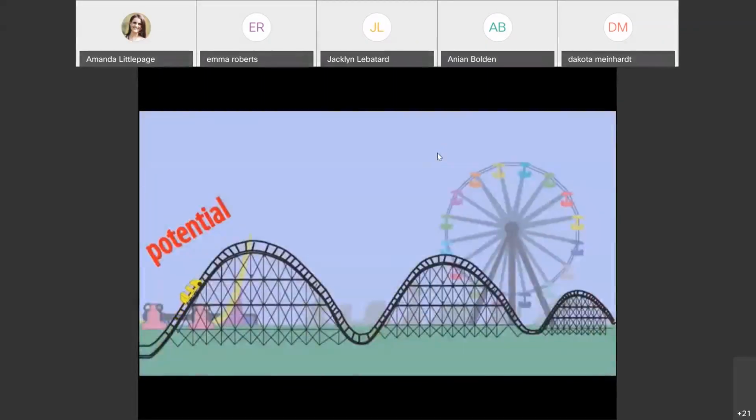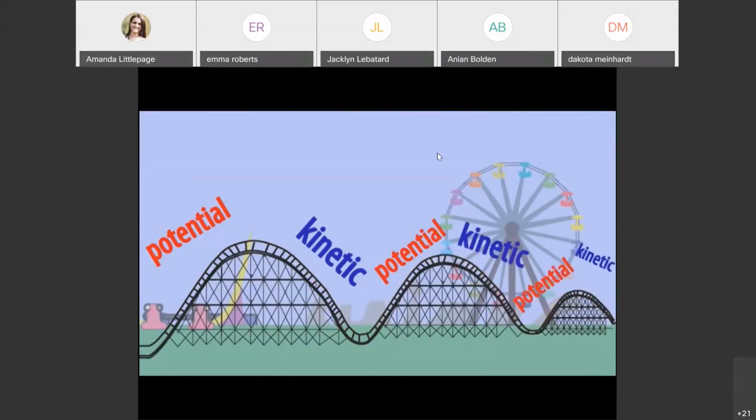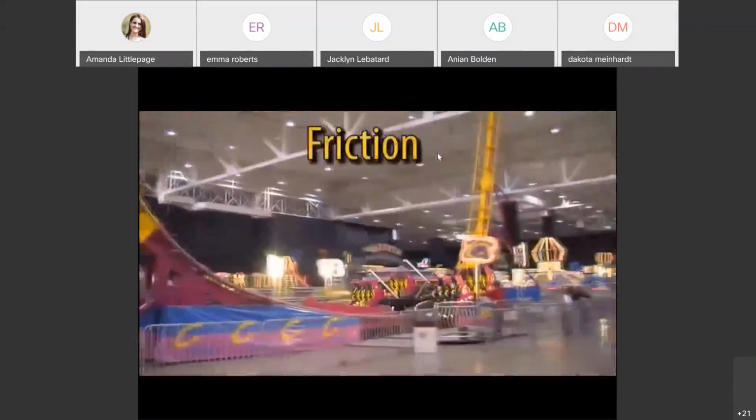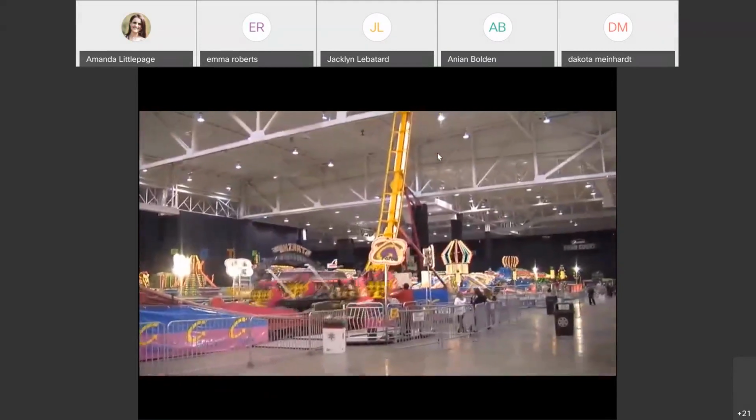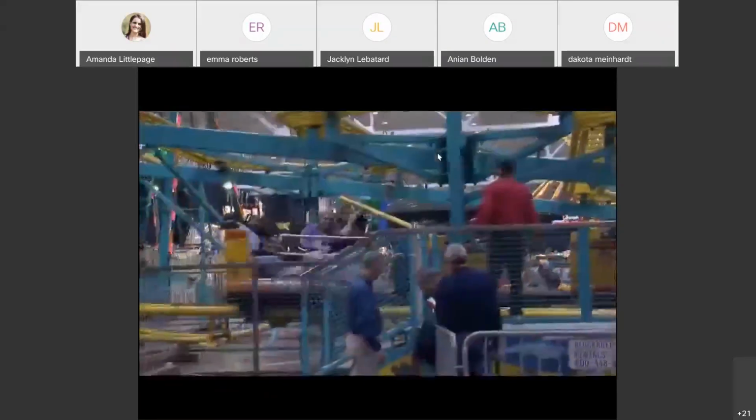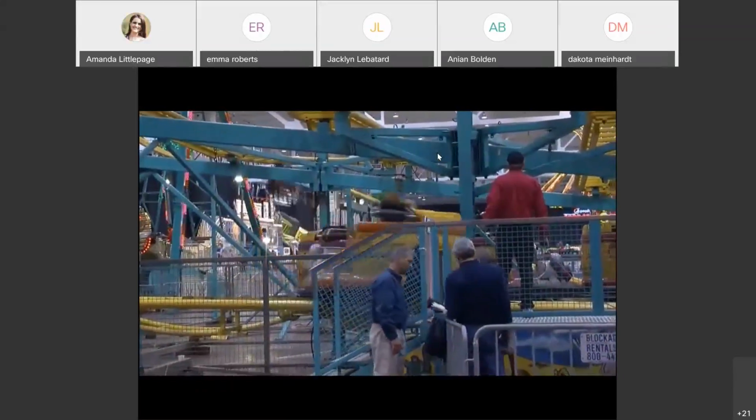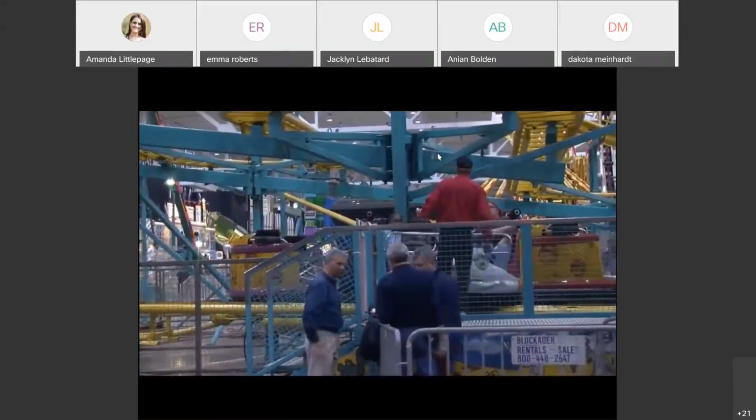The change between kinetic energy and potential energy changes throughout the ride. Eventually, the energy turns to friction from wind, the rolling of the wheels, and the brakes on the track. So you can blame friction for stopping the speed and enjoyment of your next roller coaster ride.